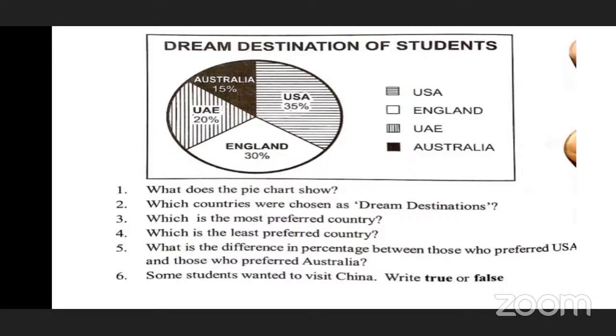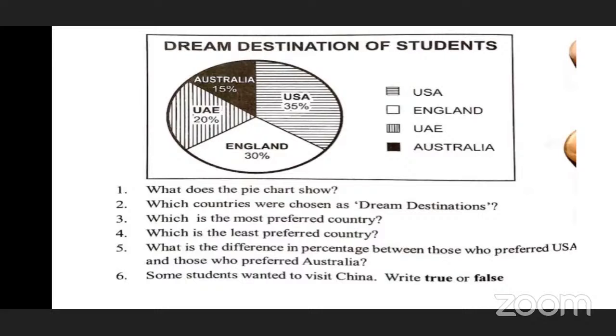This could be the answer. And which countries were chosen as dream destination by the students? You can see the four countries there. What are they? USA, England, UAE, and Australia. So USA, England, UAE, Australia were chosen by the students as their dream destination. That is an answer.